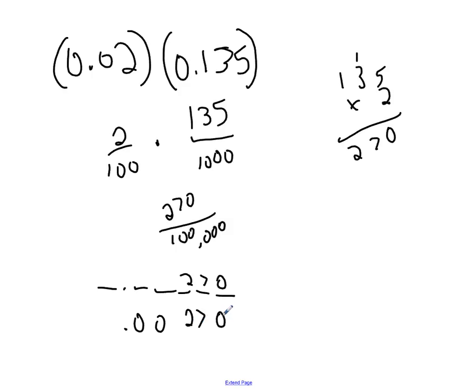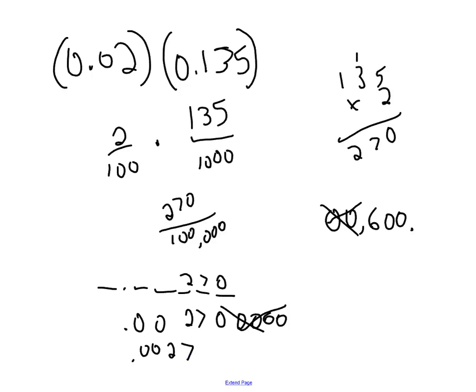And this 0 isn't giving me any additional information, right? I don't have any thousands or 10,000s, so we don't write those, and we don't write these. It's just 0.0027.